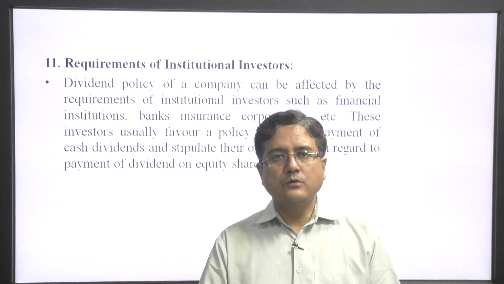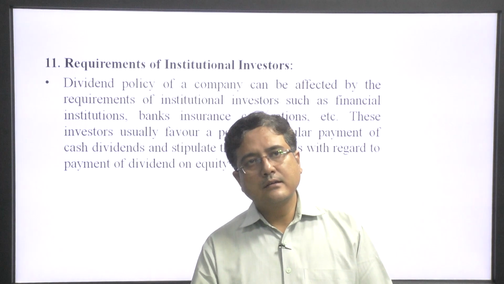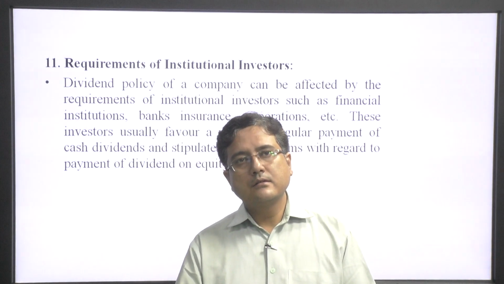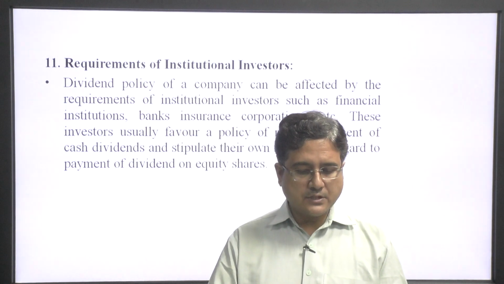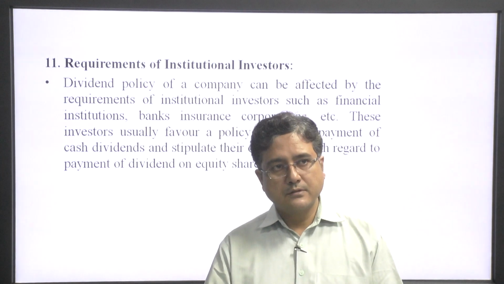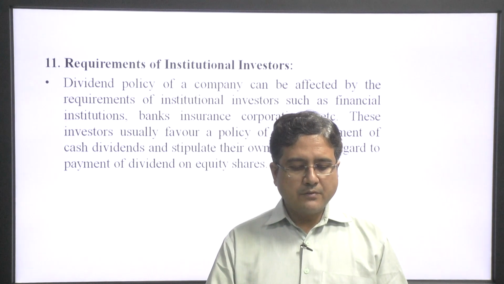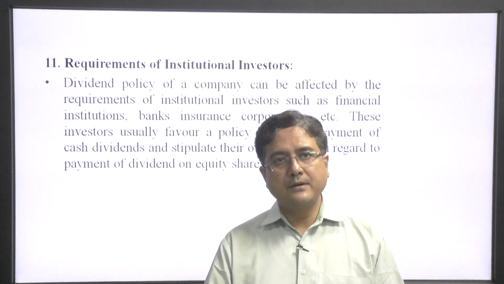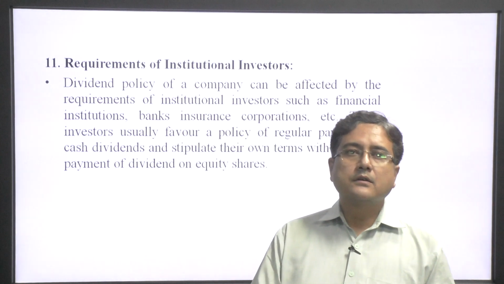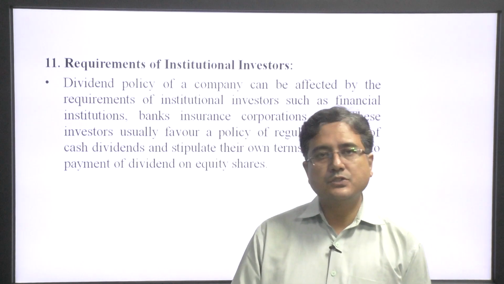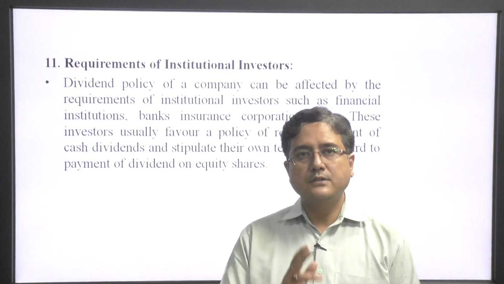So, when they issue shares to institutional investors such as banks and corporations, these investors favor the policy of regular payment of cash dividend. They have their own kind of terms and conditions.